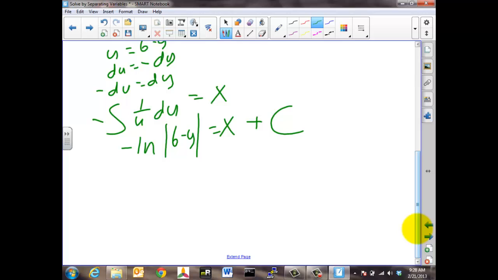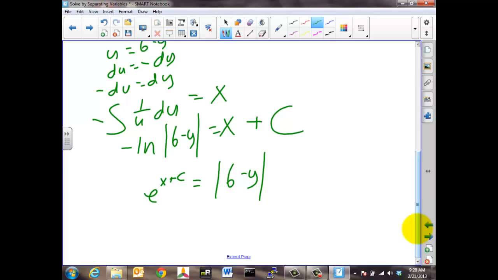Or we're going to think of it as a definition. e to this power over here, x plus c, equals the absolute value of 6 minus y, right? Now what do we do with that minus sign? Where'd that minus sign go to, you think?